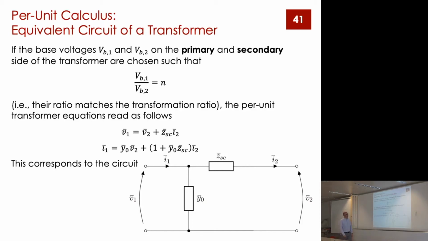Interestingly, this equivalent circuit is just a shunt admittance and a longitudinal impedance. Here there is nothing. Magically, the ideal transformer disappeared.